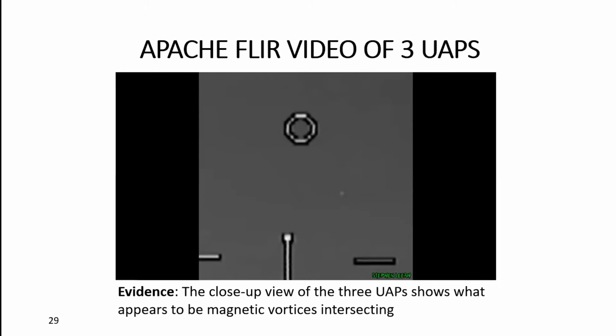Now I should just explain this video. The Apache FLIR video was 1.5 hours long, but there was only 30 seconds of the video where we saw any of this interaction with the 3 UAPs. So that's why the shortness of it. Also, it included an audio portion where the pilots described what they saw as 3 fast-moving jets.